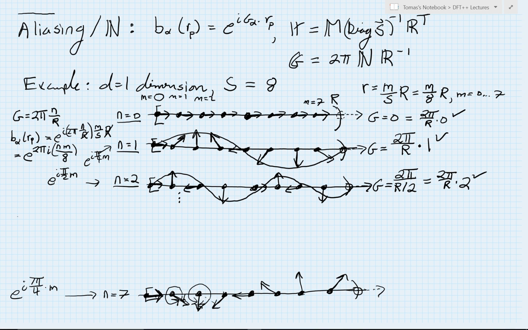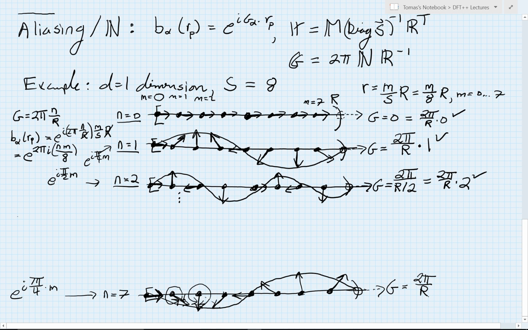Now, when we look at this, you will notice that the period that's involved is, in fact, one full wave in lattice vector r. So I would tend to call this g equals 2 pi over r, 2 pi on lambda.